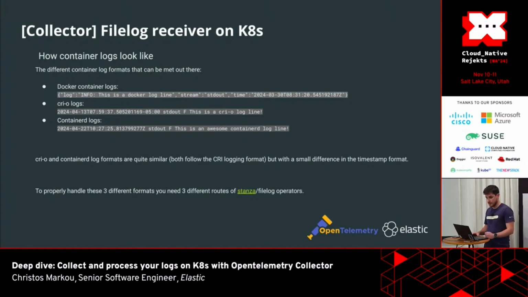In case of the Docker runtime, for example, we want to export the log and put it on the body of the log record, and the same for the rest of the keys, like the stream, stored as an attribute, and the timestamp as well.